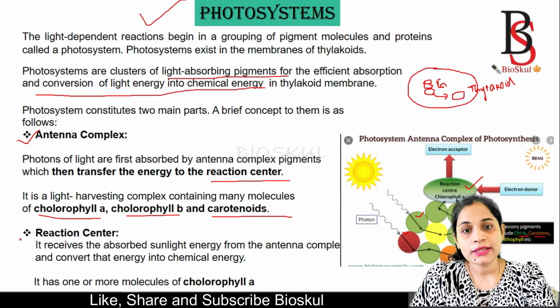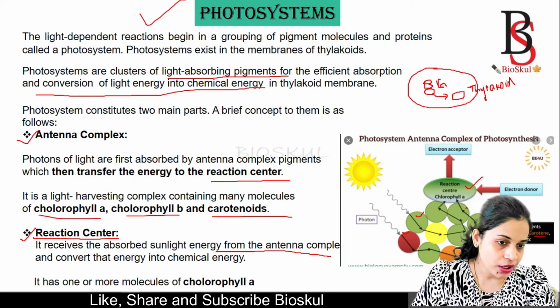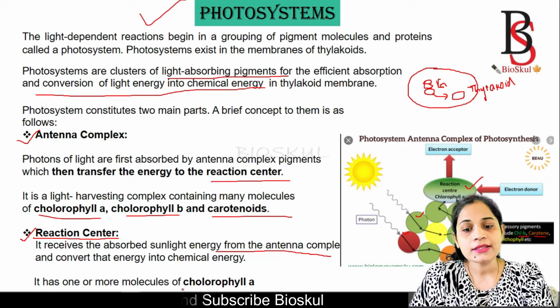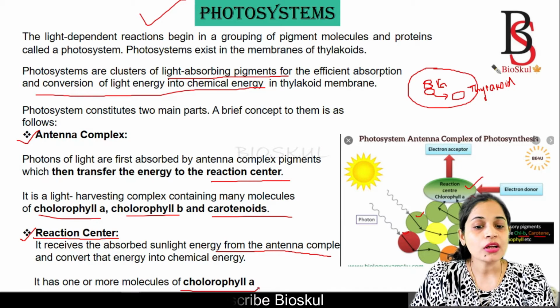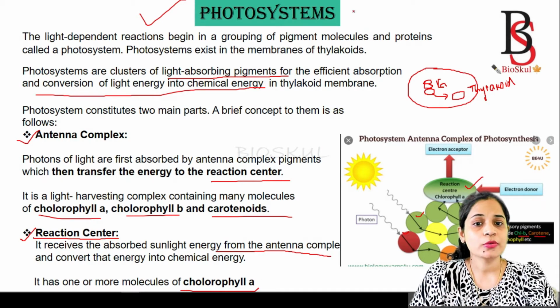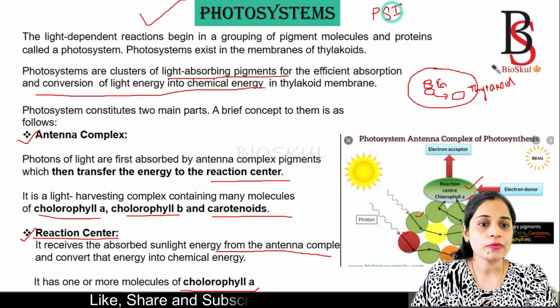Now we come to the second part of the photosystem. It is the reaction center. The reaction center absorbs the sunlight energy from the antenna complex, and it has one or more molecules of chlorophyll A. And we know that there are 2 types of photosystem. One is known as photosystem 1, and another one is known as photosystem 2.